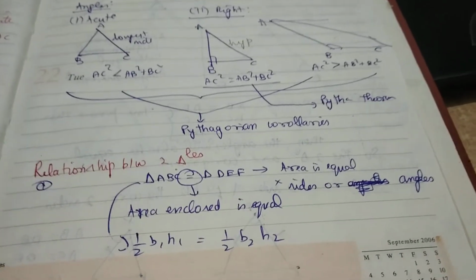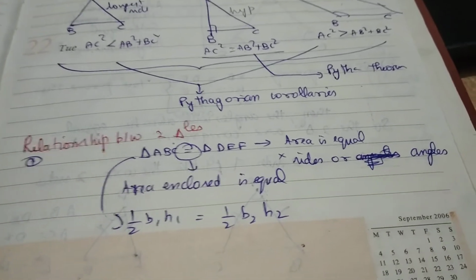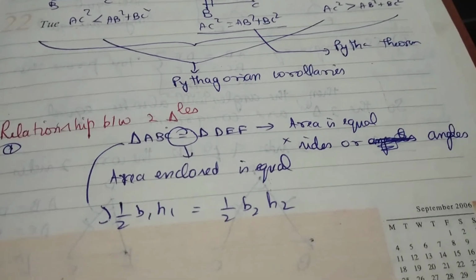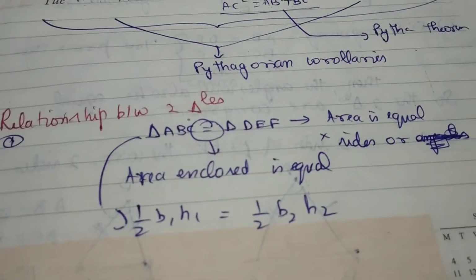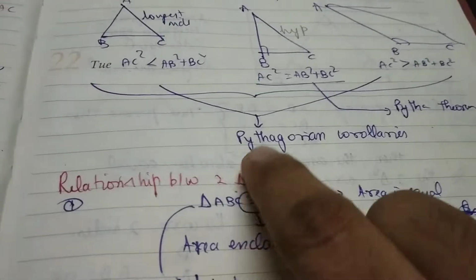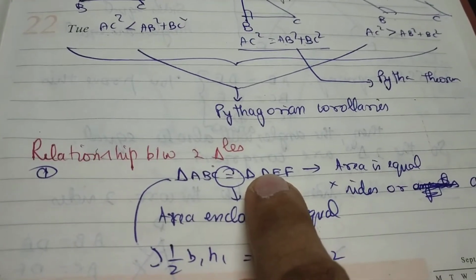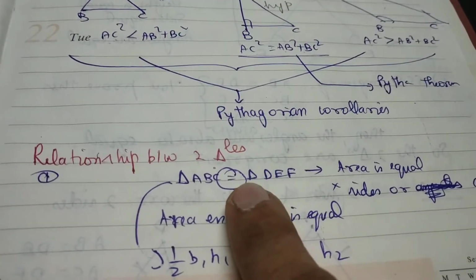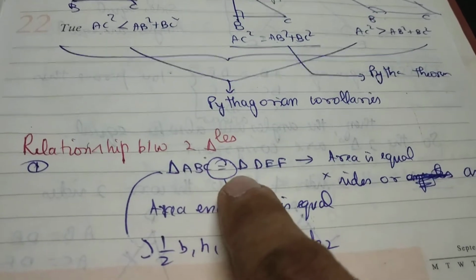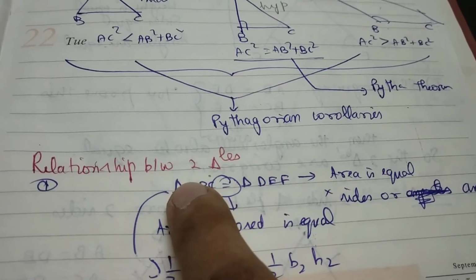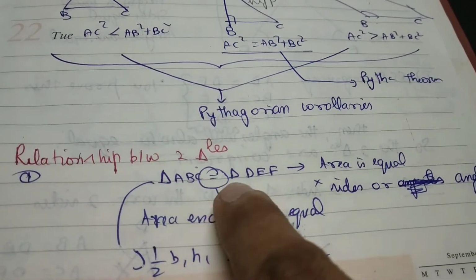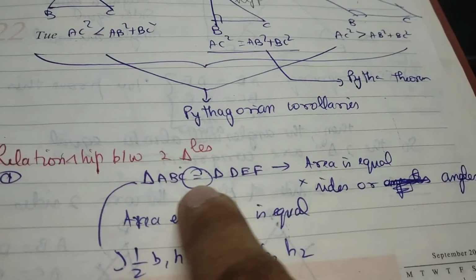The first kind of relationship between two triangles is the equality of area. That is, the two triangles are equal in area. This is the first relationship.